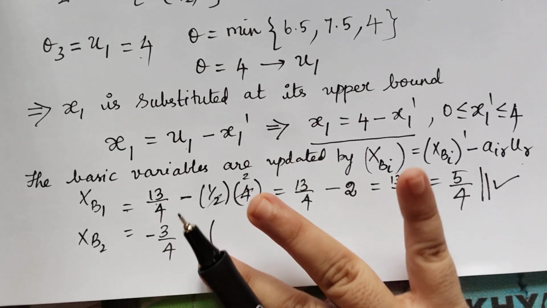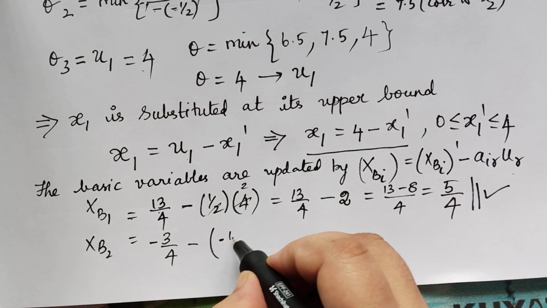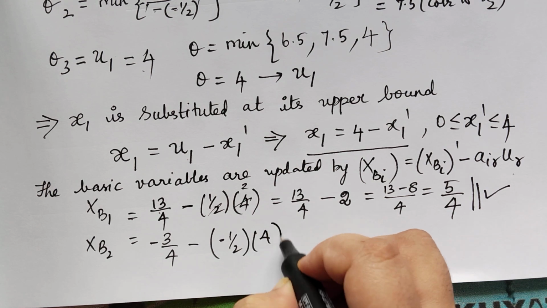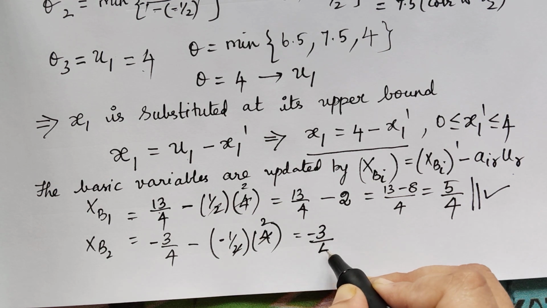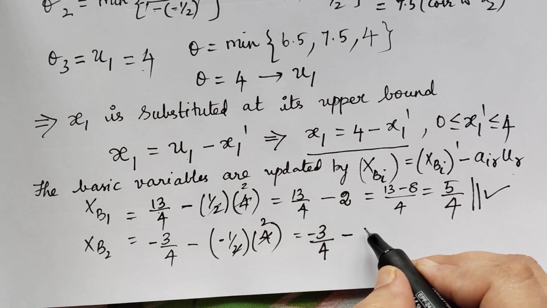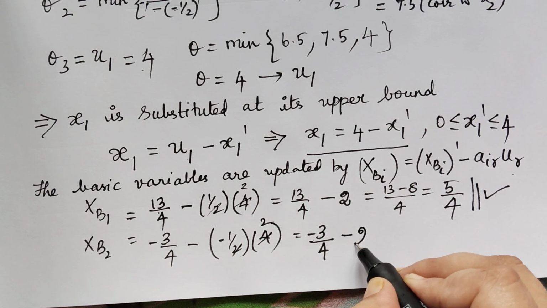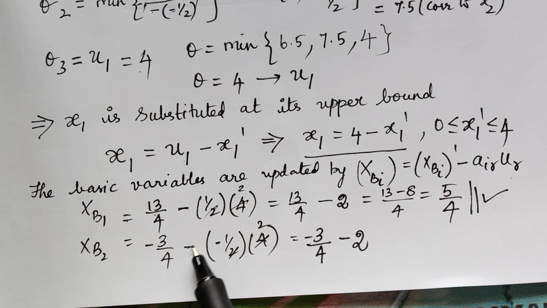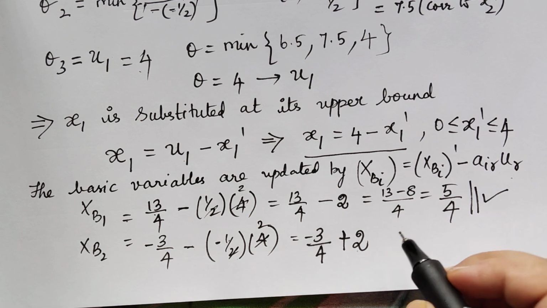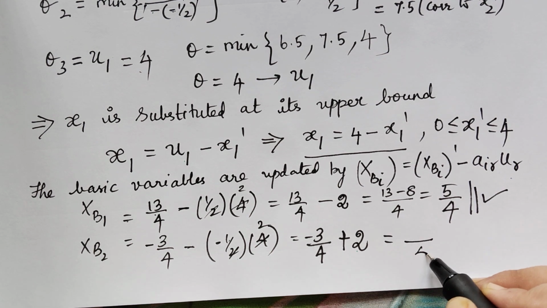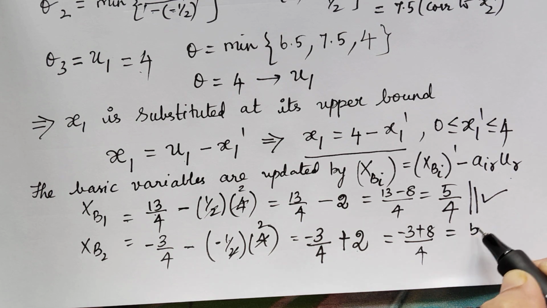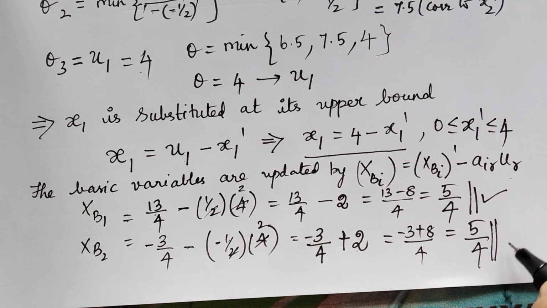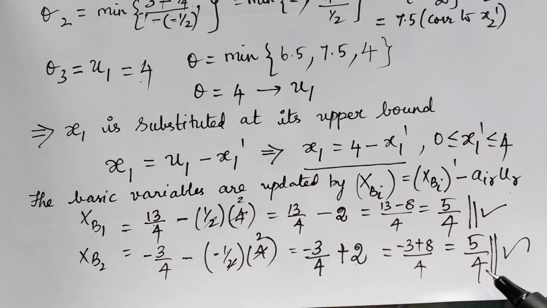So we write minus 1 by 2, and the upper bound is 4. So 2, 1 times, 2 times. That's equal to minus 3 by 4 and then a minus 2. And minus into minus becomes plus, so plus 2, which is equal to, the LCM is 4, minus 3 plus 8, which is equal to 5 by 4. So this is the updated xb2.